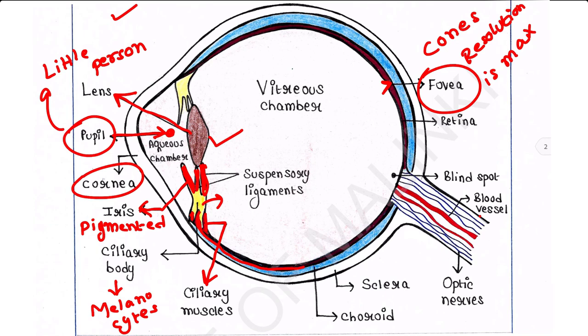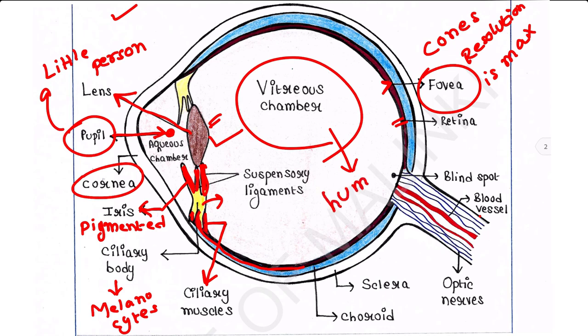The space between the lens and the retina is called the vitreous chamber. This space is filled with a transparent gel-like structure called vitreous humor.